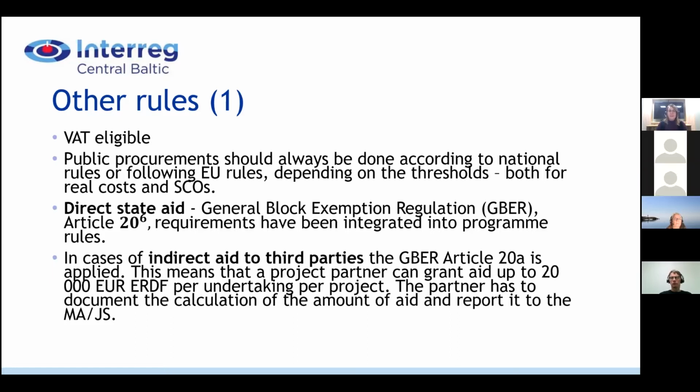And in case of indirect aid to third parties, still the partners will need to calculate how much ERDF could be contributed to each target group company, and this needs to be documented, and the calculation of the amount of aid reported to the managing authority and joint secretariat.